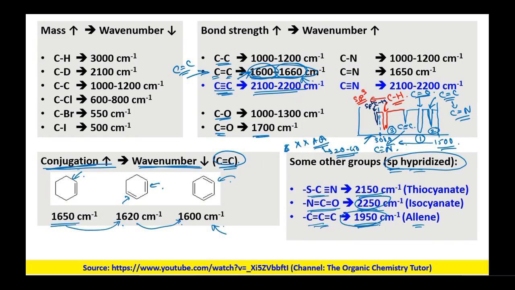Just below the 3000 wave number, we'll be getting the sp3 CH stretching. Just above 3000, we'll be getting a peak of sp2 CH stretching. Now see the nature of the curve. It is only a V-shaped curve, whereas in the sp3 CH stretching, there was a mouth-shaped structure.